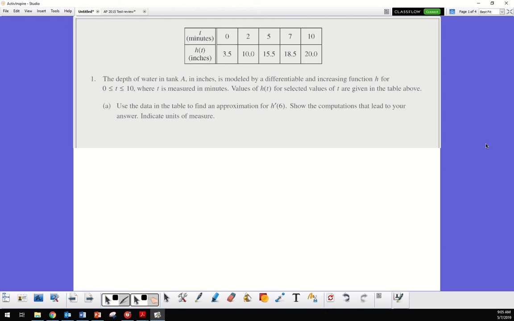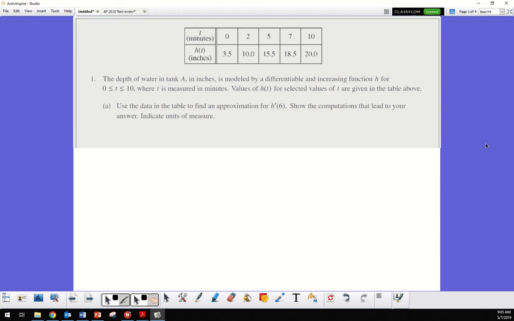Function h for t from 0 to 10, where t is measured in minutes. The values of h of t for selected values of t are given by the table above. Use the data in the table to approximate h prime of 6. Show the computations that lead to your answer. Include units of measure.